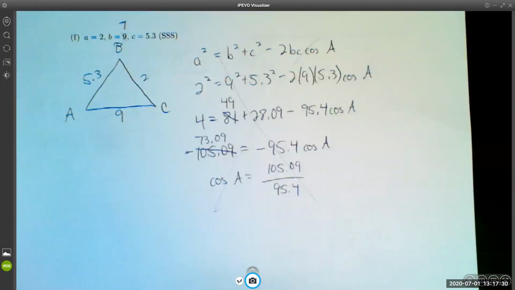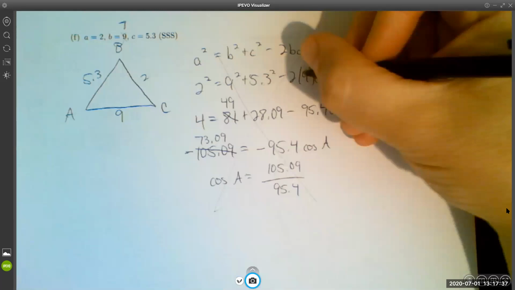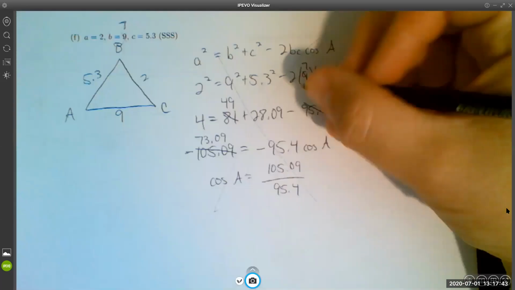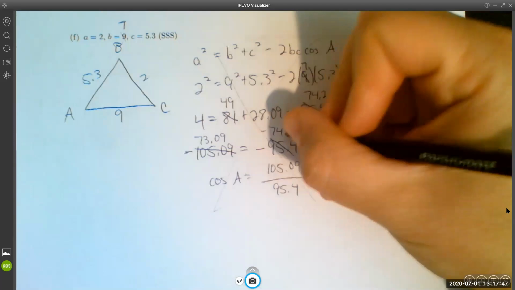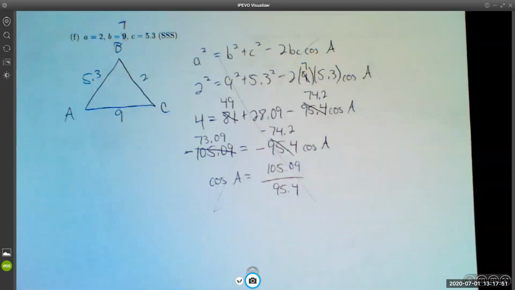And then you divide that by, and this would have to be 7 as well, right? So 2 times 7 times 5.3 is 74.2. Then you would divide the 73.09 by the 74.2, and you would get something less than 1.